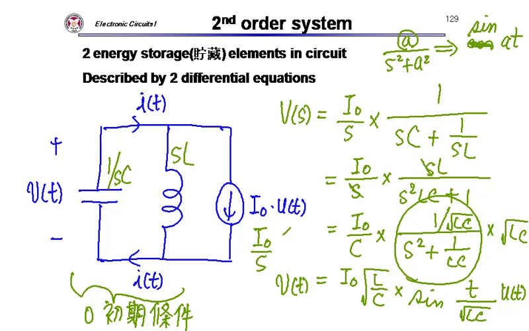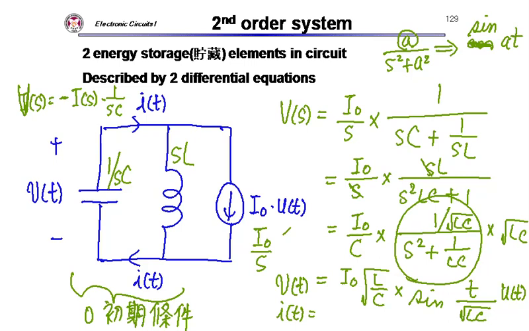You can find the i(t) easily. Vs equals minus Is times 1 over SC, right?